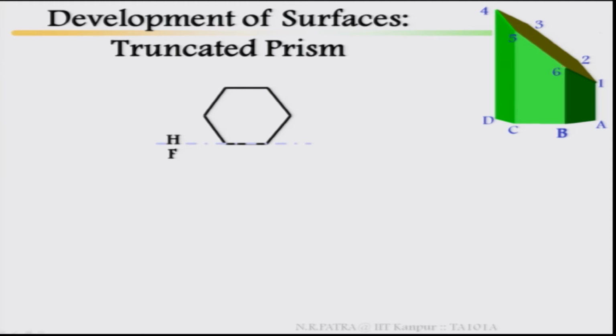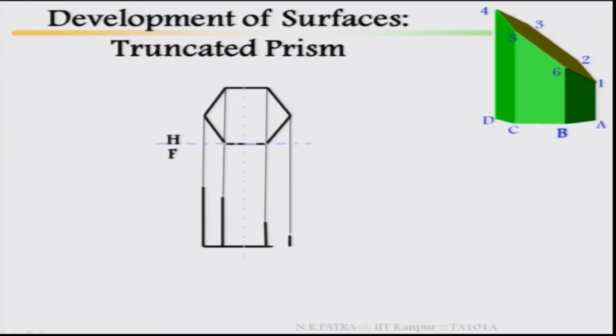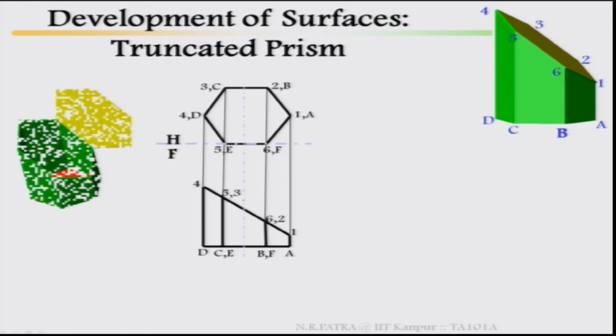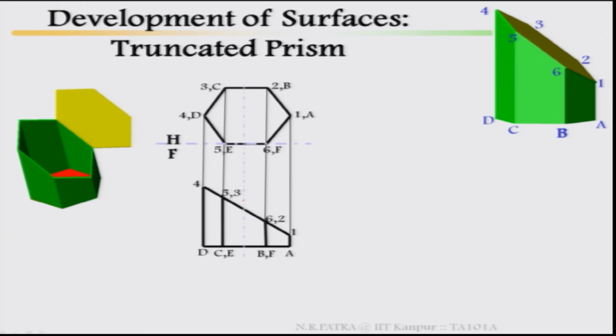This is your prism base part, project it back, how it looks in the front view. This is your base A, B, C, D, E, F, then it has been truncated, it looks like 1, 2, 3, 4, 5, 6. Then you write it 1A, 2B, 3C, 4D, 5P, this is how the truncated prism looks.